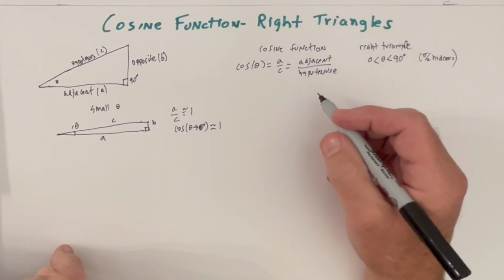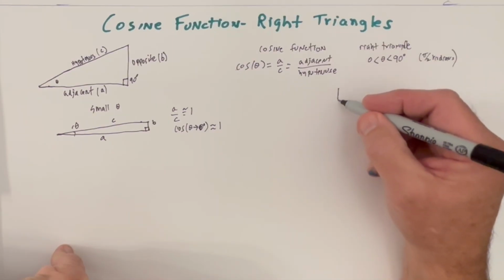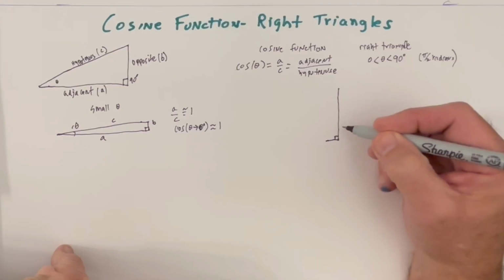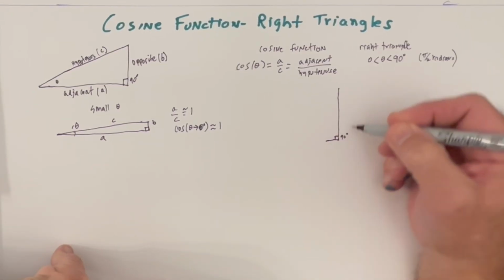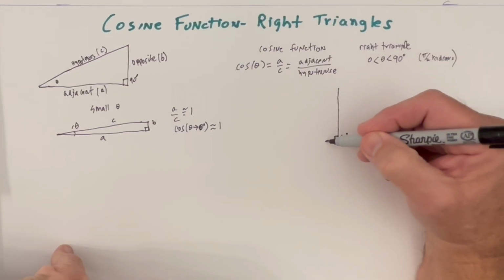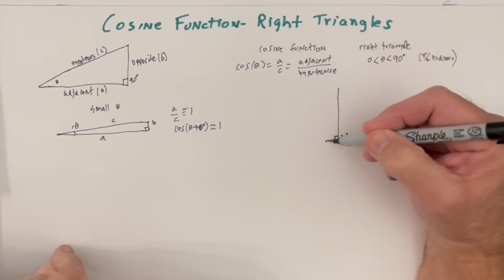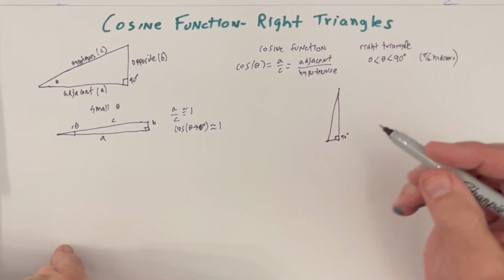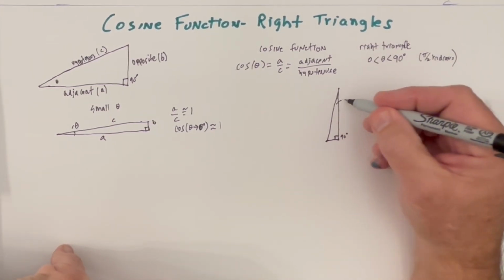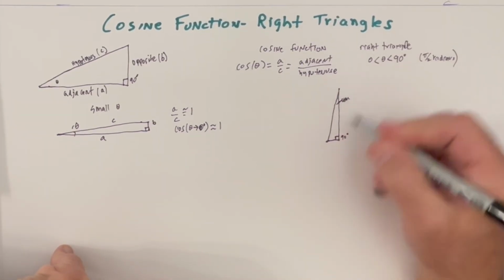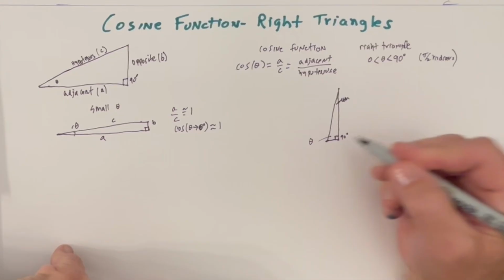Now let's look at the case where here's our right triangle. There's our angle theta. Our 90-degree angle. We're just going to essentially stand it on its edge. So now in this case, this is our angle theta.